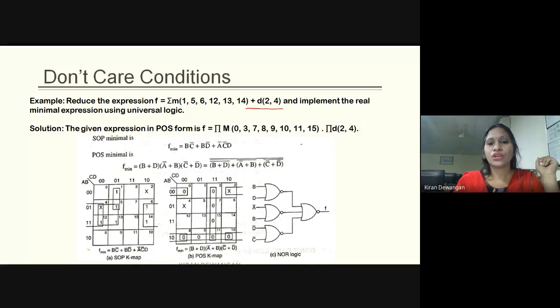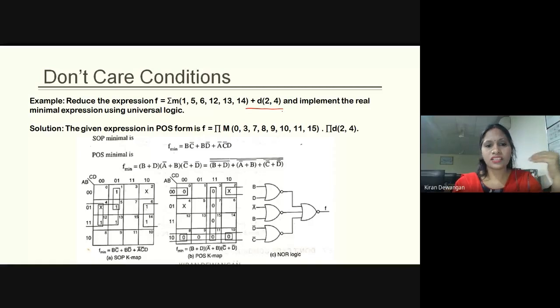That means 2 and 4 will be the don't care terms, and implement the real minimal expression using universal logic. So this is how the don't care terms will be given to us.